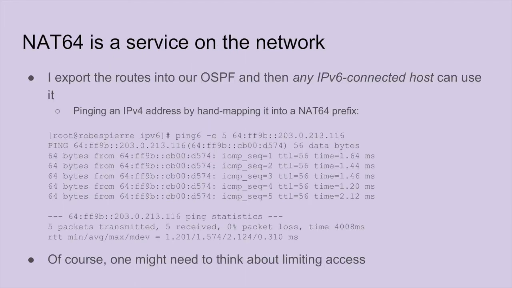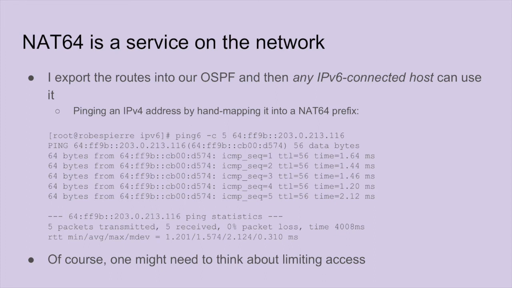Okay, NAT64 is a service on the network. I export the routes into OSPF, and then any IPv6 connected host can use it. You can do ACLs to limit what can be used. In fact, on the ASR, I have an ACL, which I had to widen out to let Internet2 in.